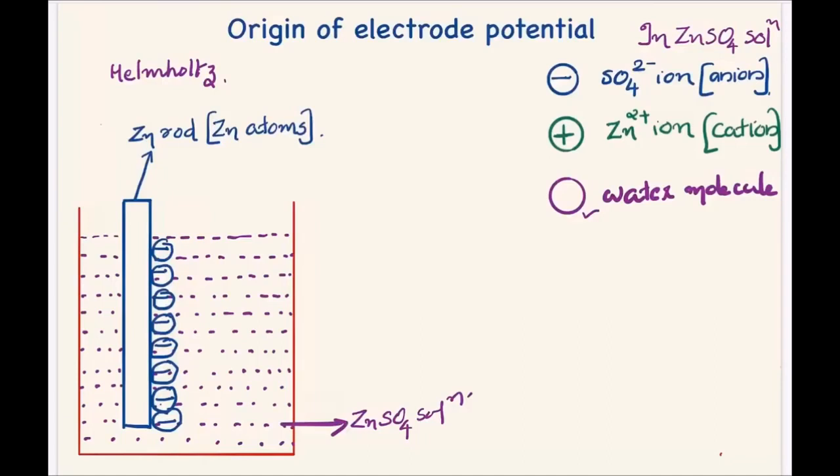Now you have a layer of negatively charged particles. You can see a layer of negatively charged anions created on the surface of the zinc rod, and we call that layer the inner Helmholtz layer.